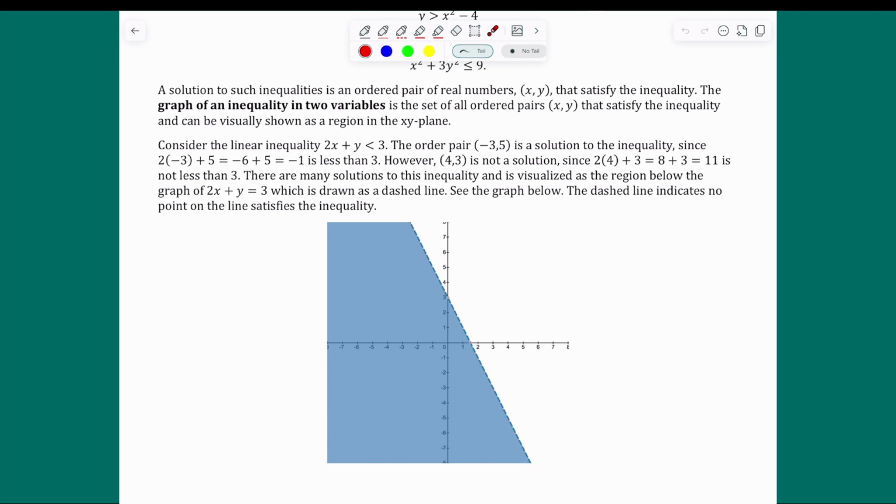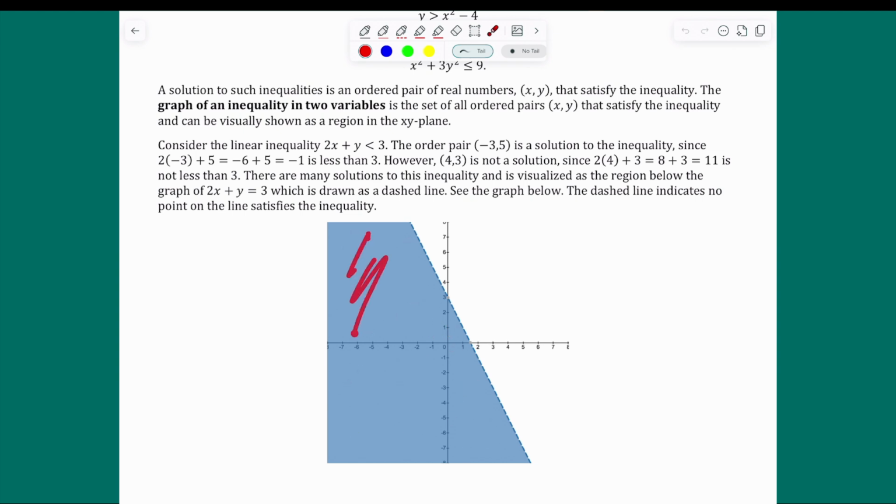However, the points here, where we had -3, 5 as one point, that point falls on the side that's shaded because it's a solution. And so any other point on this side of the line, or in this region, oftentimes referred to as a half plane, will satisfy the inequality 2x plus y less than 3.